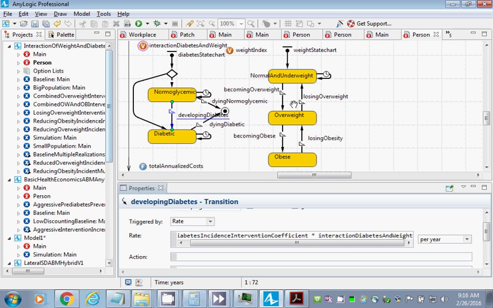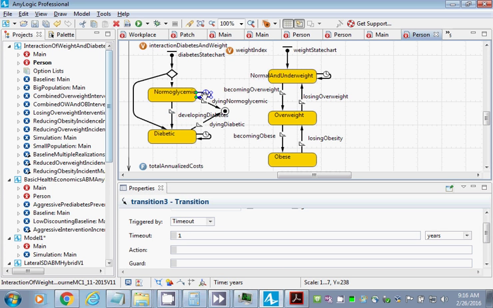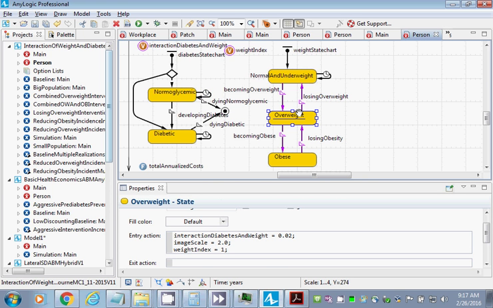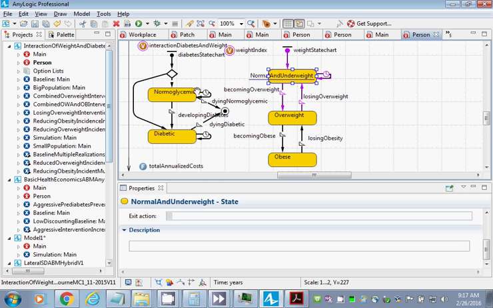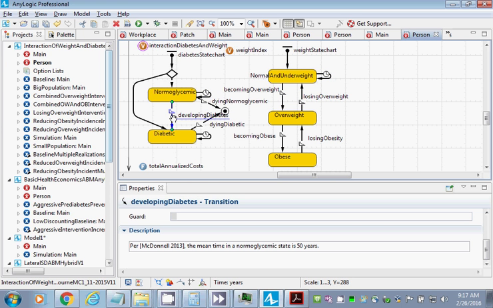But if your hazard rate here is dependent on something that's changing, like your age, then you do need something here so it wakes up and realizes, oh, I'm older, what's my new hazard rate to go from this to this. So interacting state charts are a very important feature of some models, and you should be aware that variables provide a formidable way of accomplishing this, but that sometimes you need these self-transitions to do that.